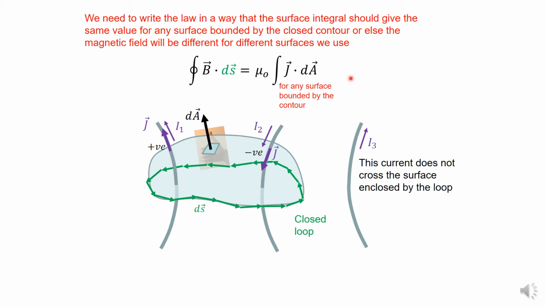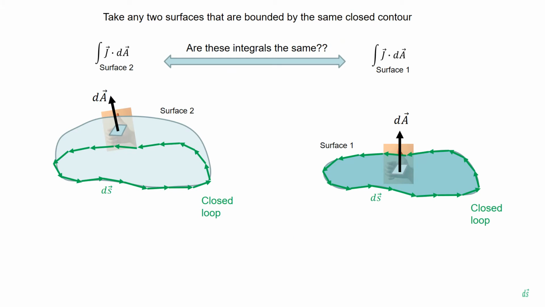So let's try and see in general, is this expression the same for any surface that's bounded by the contour? Is it the same for all the surfaces? For instance, let's take the contour, this one, it's the same as this one. Let's take surface number one to be the surface that we see here. It's a nice flat surface. And surface number two to be the curved surface that's shown here. It's just important to imagine what surface two is.